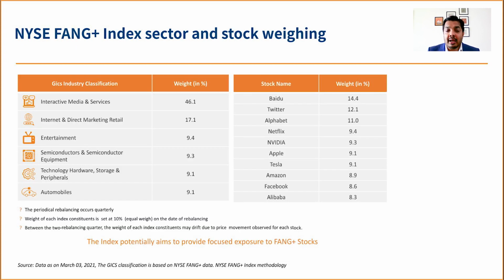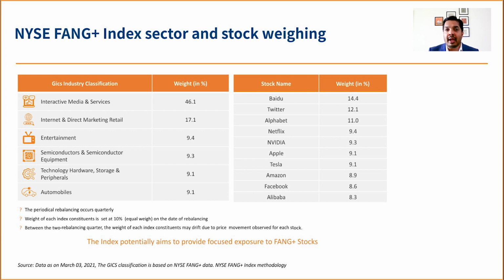Now, currently, as I mentioned earlier, the index consists of 10 stocks, and these 10 stocks are weighted equally every quarter, and in between the quarter the weightage of the stocks can change depending on the price movement of the respective stocks.